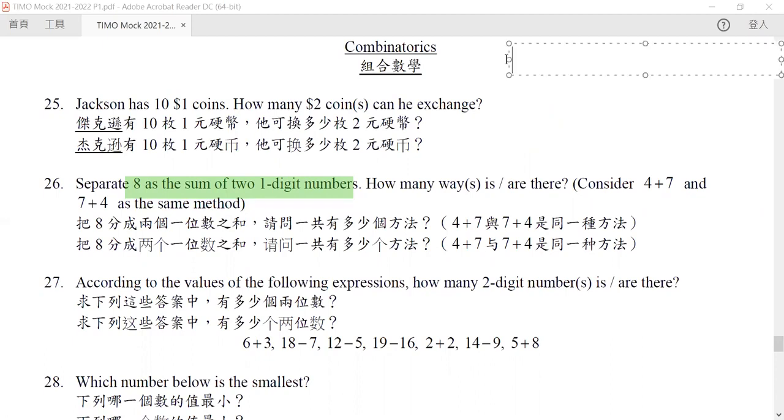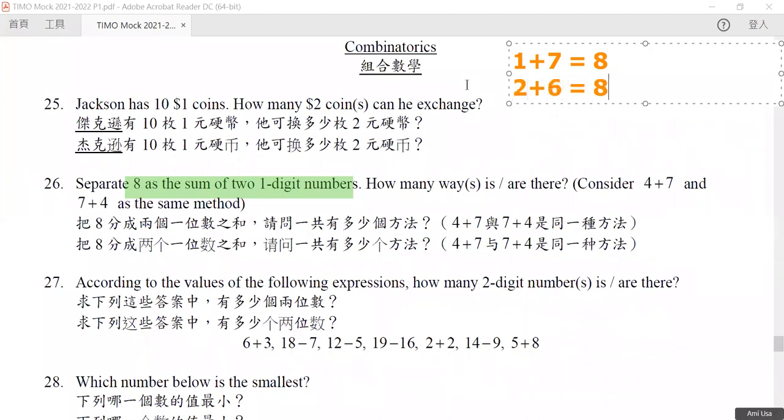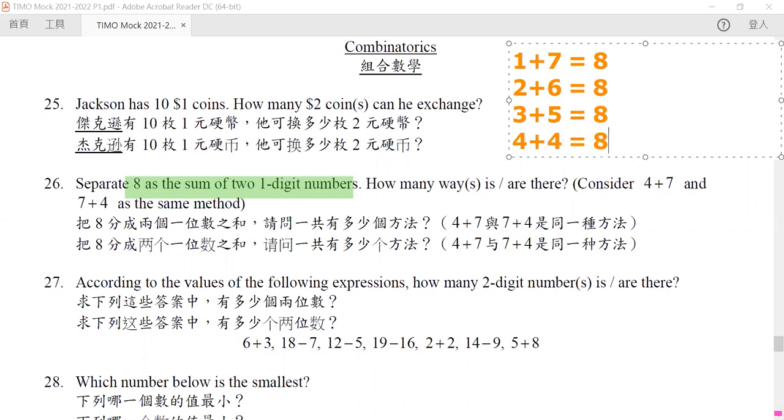We can write 1 plus 7 is equal to 8. Is there any other way? 2 plus 6 is also equal to 8. Then we have 3 plus 5, again equal to 8. And finally, 4 plus 4 is also equal to 8.